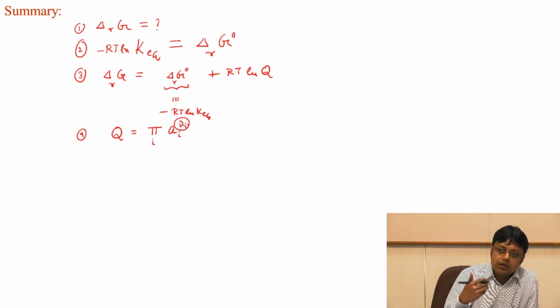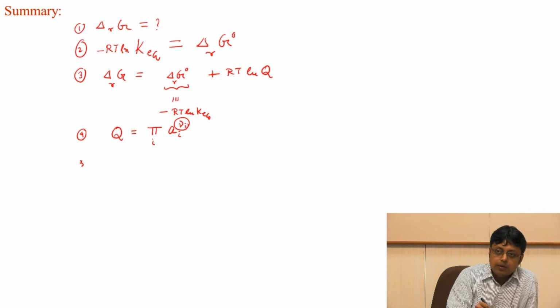So for the stoichiometric coefficient for A, we'll always say minus nu A. We'll never say that it is nu A. So the negative sign has to be included there. And similarly, if it happens at equilibrium, that means it is the equilibrium constant.